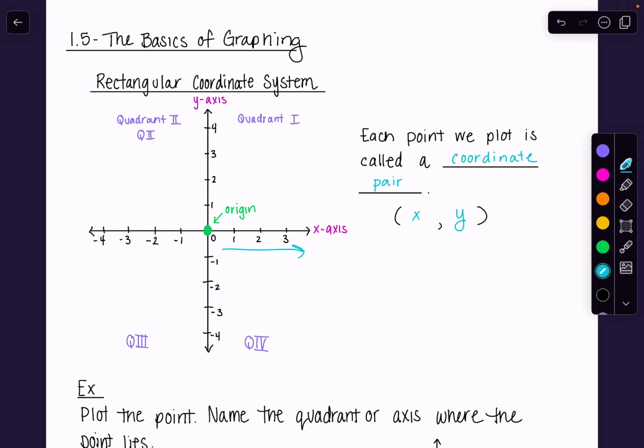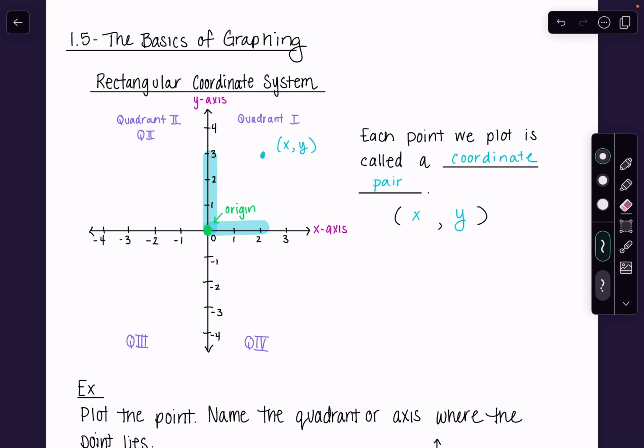If it's negative in y, you move negative in the y. So every single point that you plot is going to have an x coordinate followed by a y coordinate. The reason this is called the rectangular coordinate system is because if you drop a straight line down and to the left, it creates a rectangle with the origin.